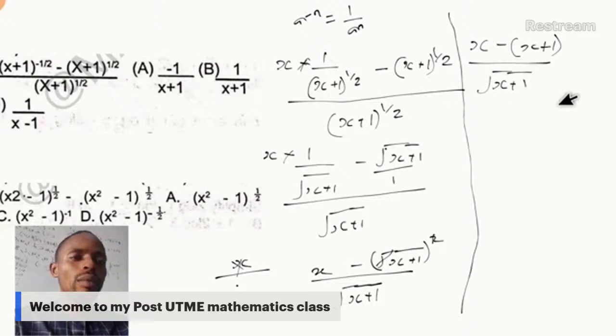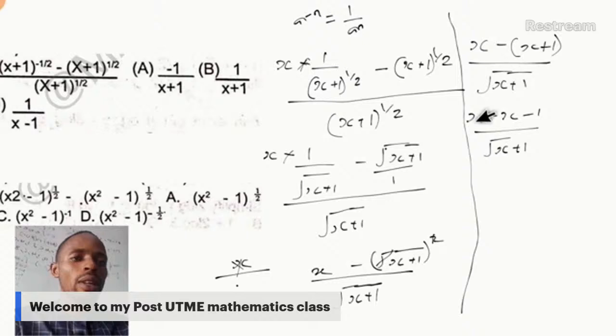So the next thing here now, if you open the bracket here, we have minus times s, like minus s, minus times plus will give us minus. So this one becomes s minus s. So minus times minus gives us minus 1, divided by the square root of s plus 1.